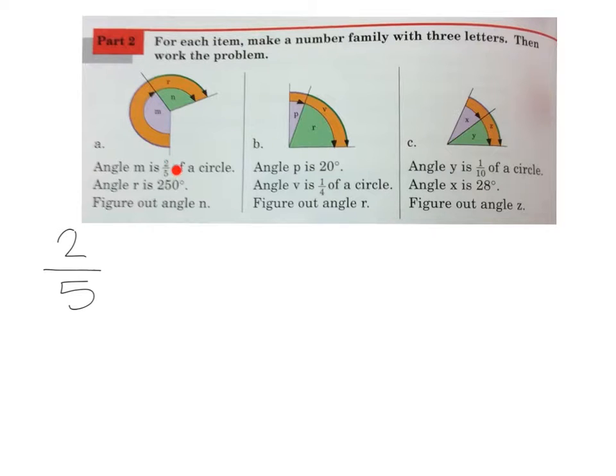And when I see the word of, when I'm trying to translate from words into math, I know of means times. And what you have to remember is the fact when we see the words of a circle, we know that a circle is 360. So remember that. So 2/5 times, or of, a circle is 360.